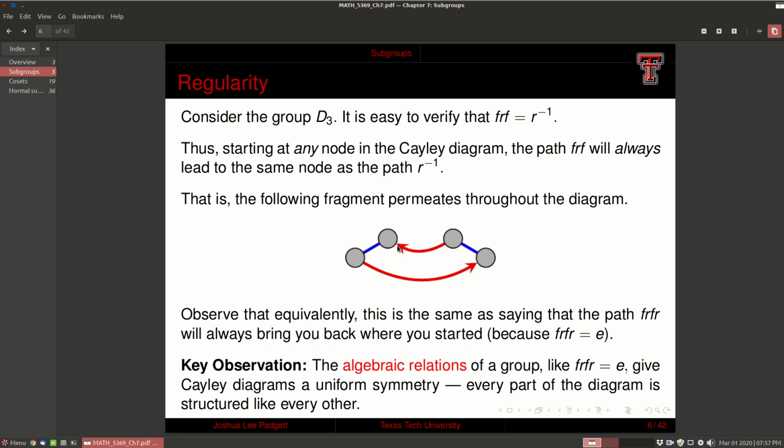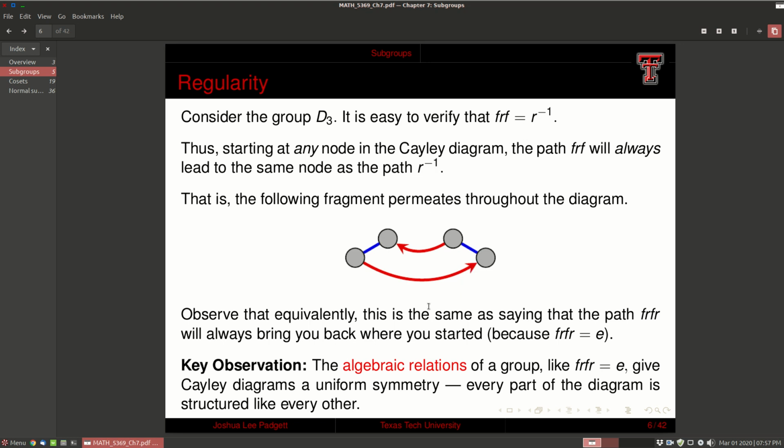This should seem pretty familiar, because if I add two more of these, I get that circular type diagram that I keep drawing. The idea is this equation here holds at any node, and guarantees that this object has to appear repeatedly in the Cayley diagram.